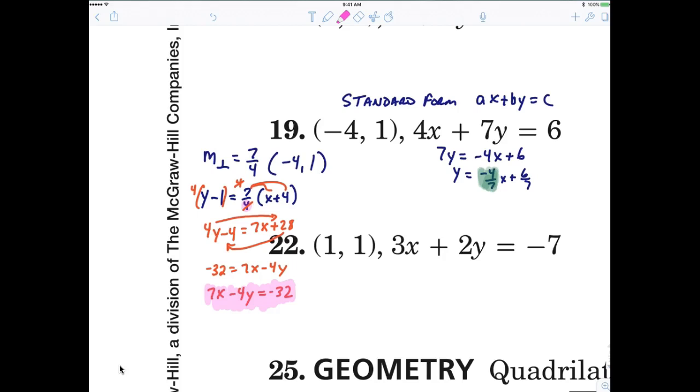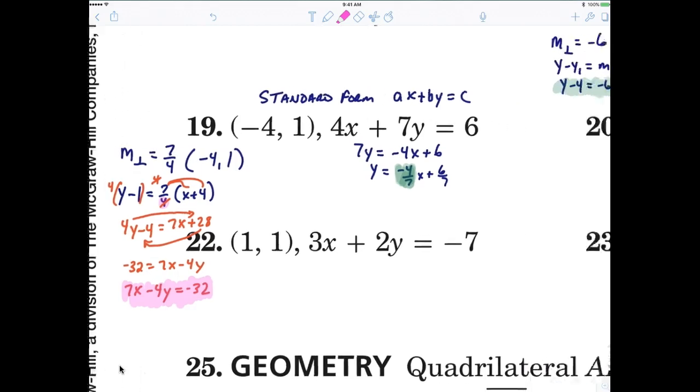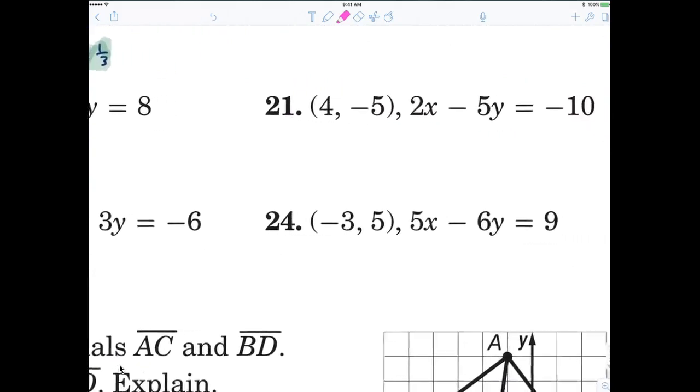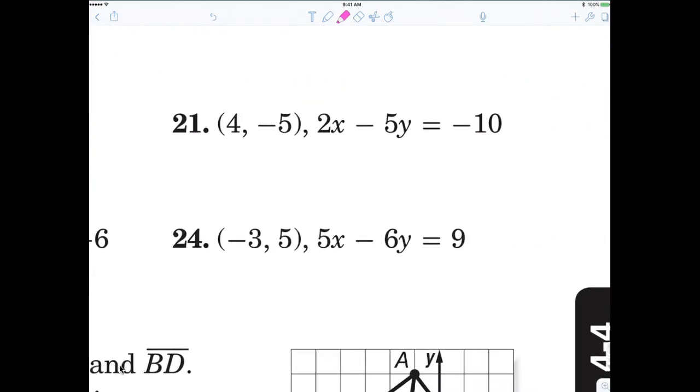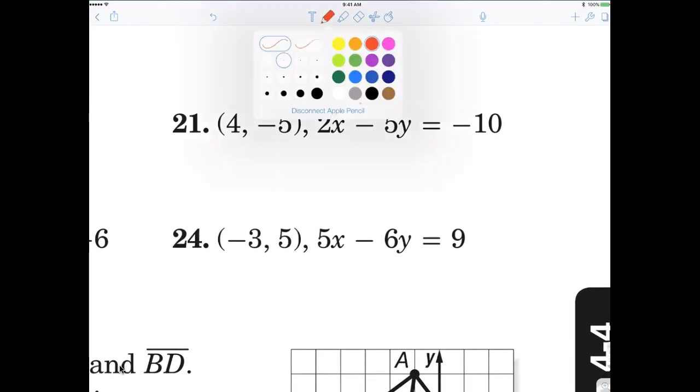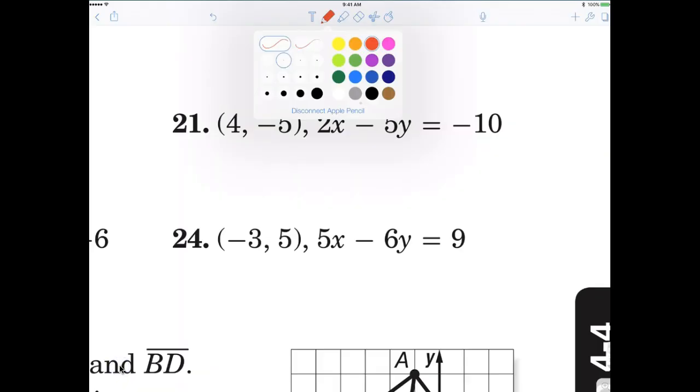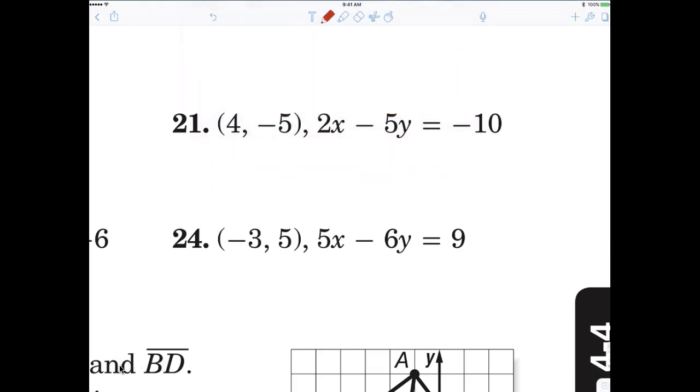So I've got time for 21. Same principle here. I want standard form, so I have to find the slope. Let's find the slope real quick. To find the slope, I'm going to solve for y.